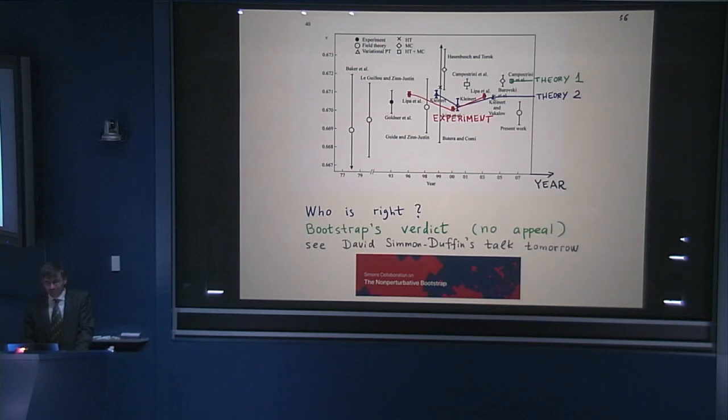And so actually, I'm happy to announce that this puzzle has been resolved. Unfortunately, not in the way that I wanted it to be resolved. This is going to be reported in a talk by my collaborator, David Simmons-Duffin, in the workshop that we are going to have tomorrow and the day after tomorrow.